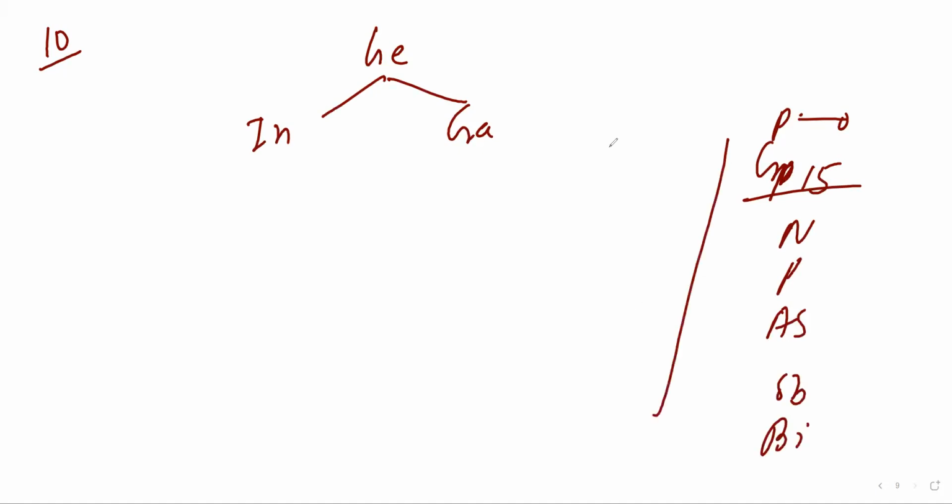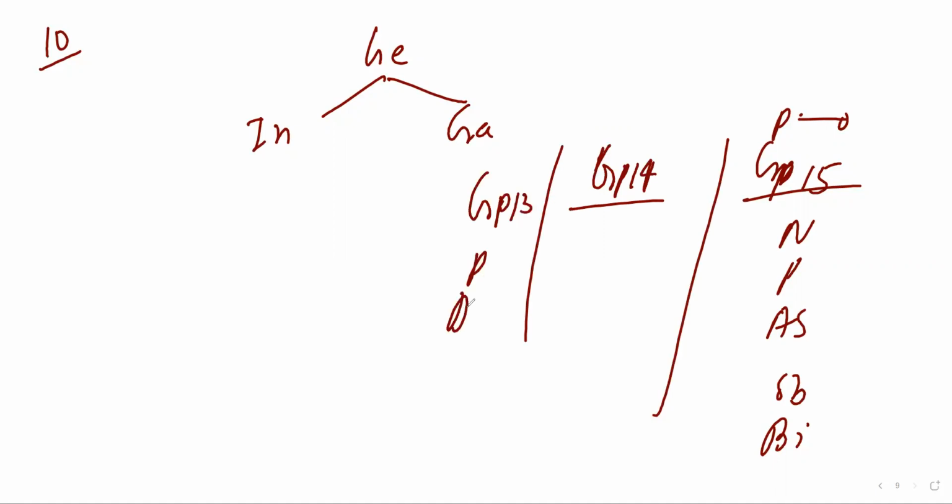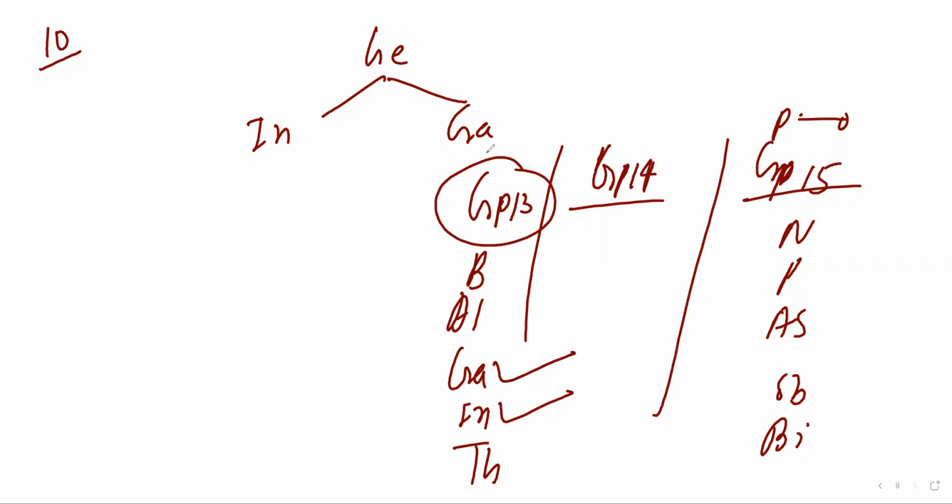Group 13 is Baigan, Aloo, Gajar in Thaila, which includes indium and gallium. So it comes under group 13, and it will form a p-type semiconductor. So it's done, solid state.